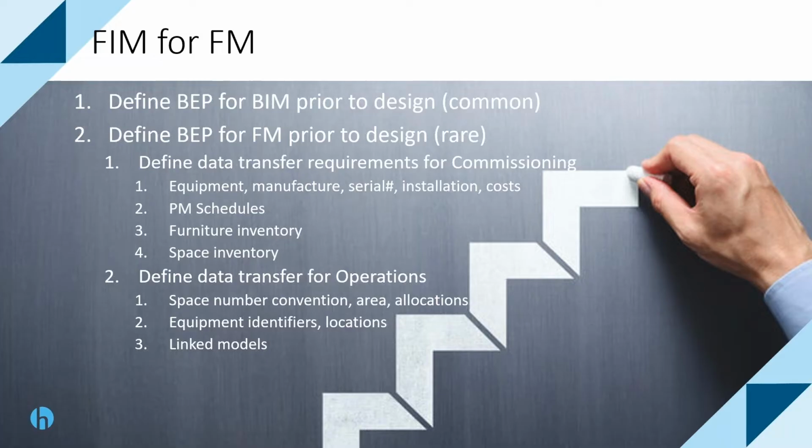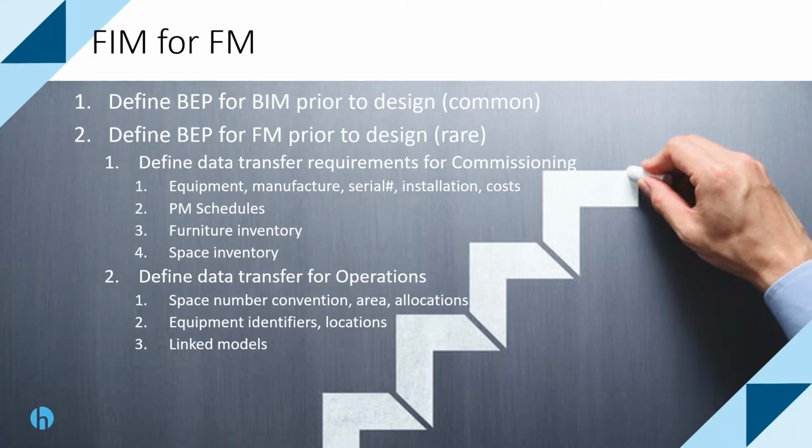So for example, for commissioning, for the BIM execution plan, you want to identify the data that you want in that initial transfer: equipment, manufacturer, serial numbers, installation dates, preventive maintenance schedules, the inventory of furniture, the inventory of space, all of that information that you're going to get for commissioning, you need to identify.